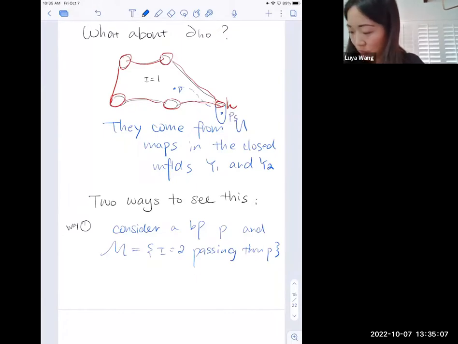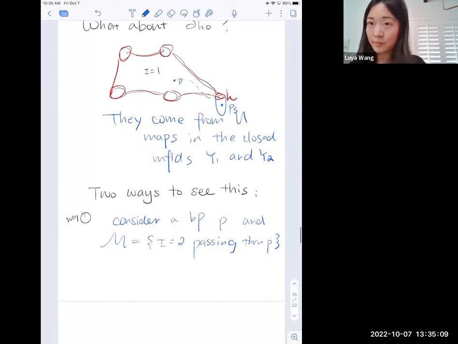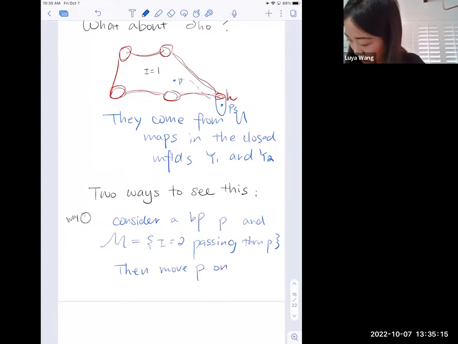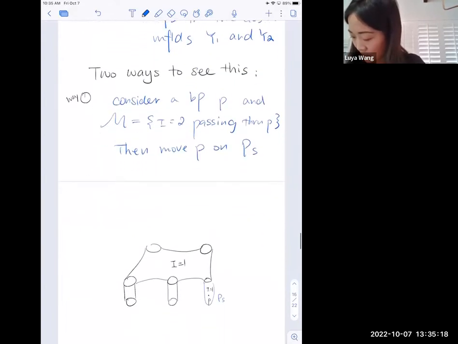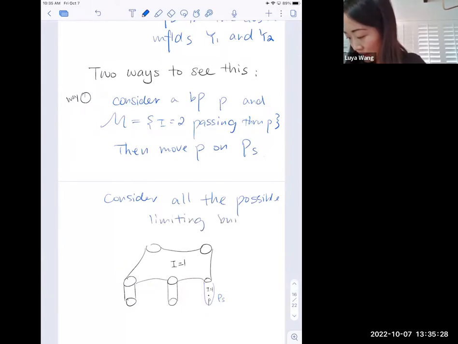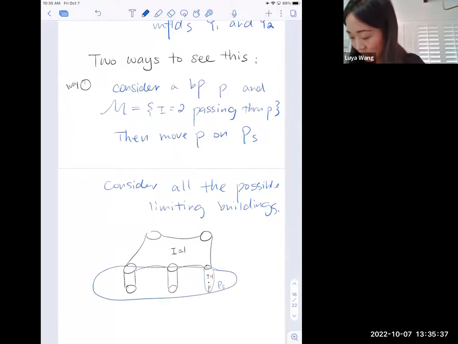Doesn't matter which plane you move onto, let's say P south. And then you consider all the possible limiting buildings. And then if you use the intersection argument again, you see that these are the only possible configurations.